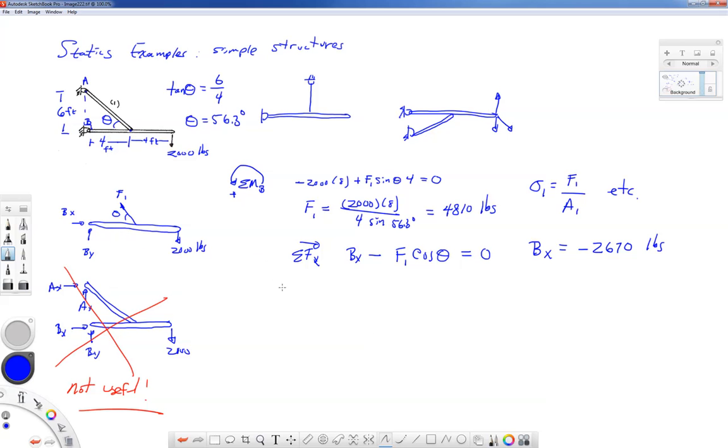All right, if I want the summation of forces in the y direction, I'm going to have By plus F1 sine theta minus 2000 is equal to 0. Since I know what F1 and theta are, I can solve for By. So let me do that. I'll have the 2000 to the other side.